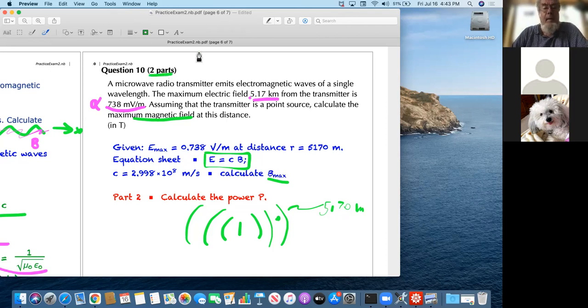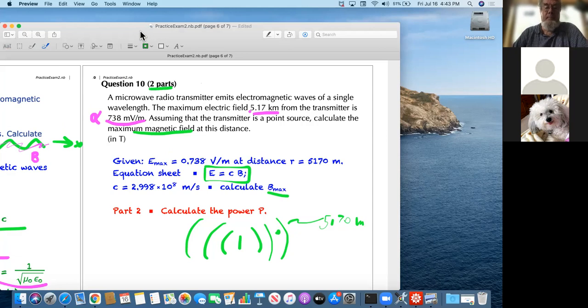Then there's part two. Part two says, what's the power of this antenna? So, suppose this is WKAR. They have their radio antenna here. And it's producing radio waves spreading out from that antenna.